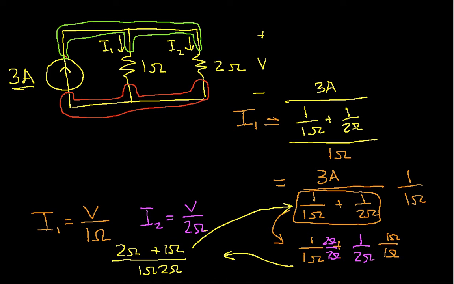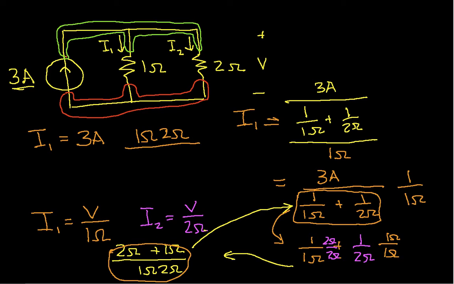With this result, I1 is equal to 3 amps times 2 ohms times 1 ohm times 2 ohms. So basically I'm dividing now by this expression, so that's the same as flipping it and multiplying.